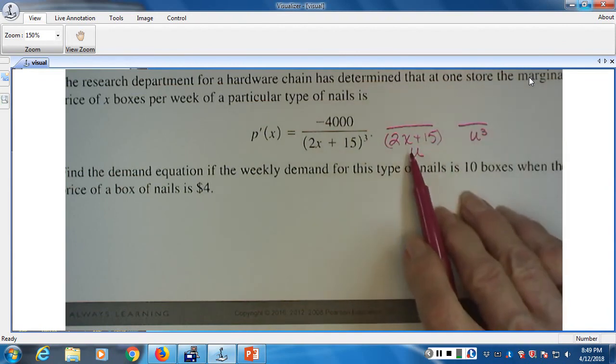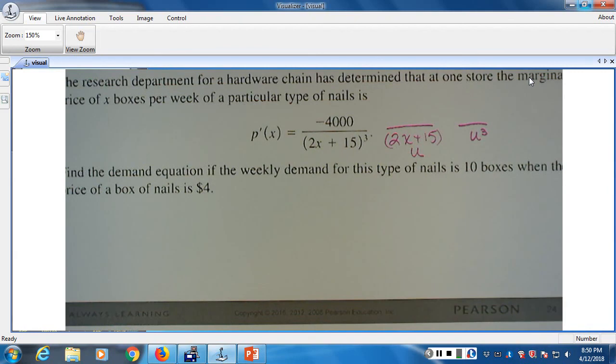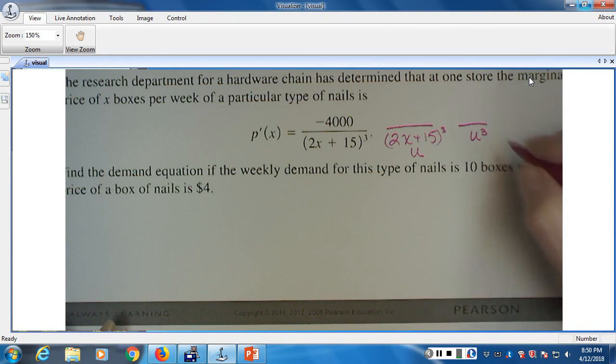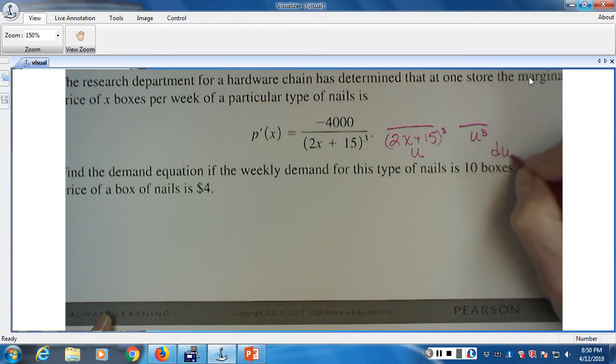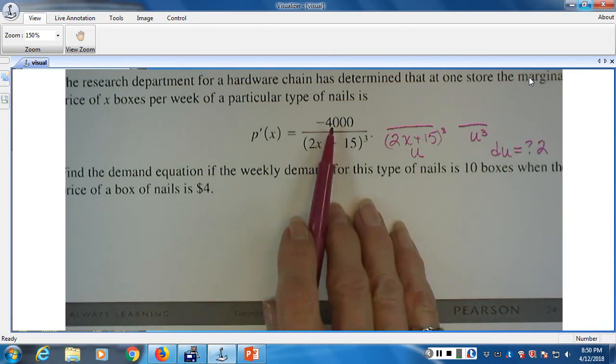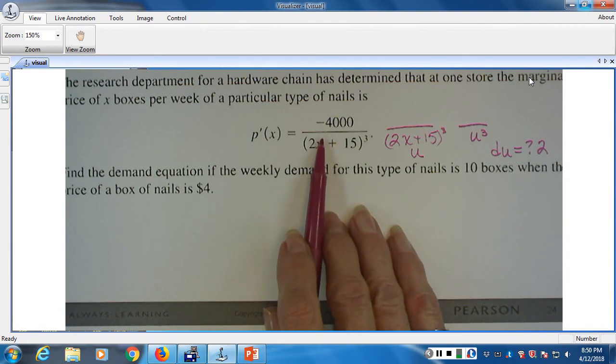My question would be then, okay, what would du be if that was the case? Now, du would be 2. Well, the thing is, I don't have 2. I got negative 4,000 up there. But that has a factor of 2 in it, right?